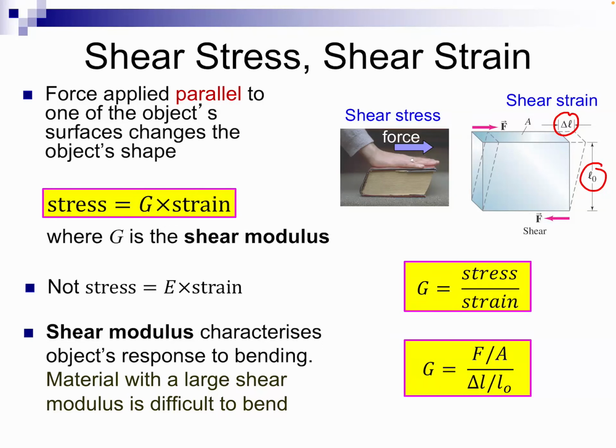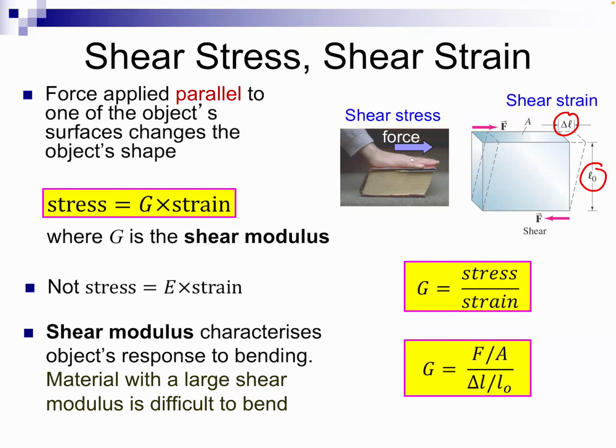So again, the strategy for calculating bulk strain is similar, except that instead of looking at the change in length, it will now be the change in volume, because the deformation that occurs via bulk stress will be to change the volume of the object.